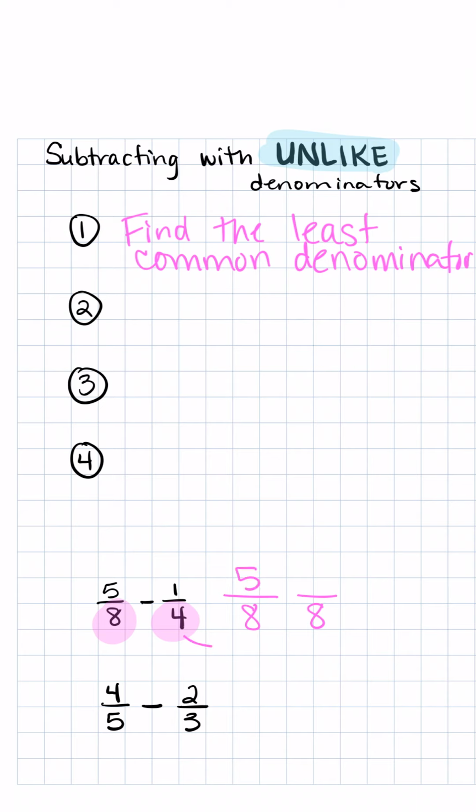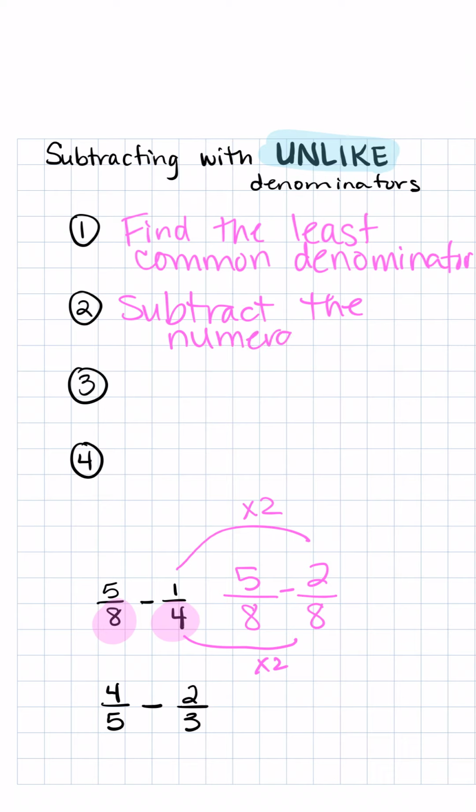But this one we had to multiply by 2. Whatever we do to the bottom, we have to do to the top. 2 times 1 is 2. The next step is to subtract the numerators. So 5 minus 2 is 3.